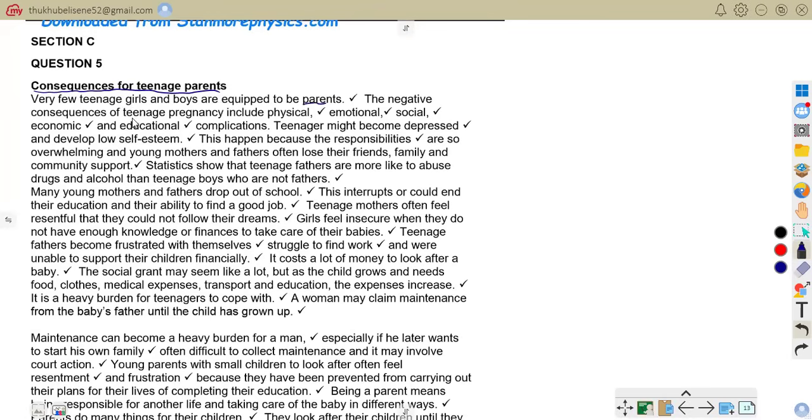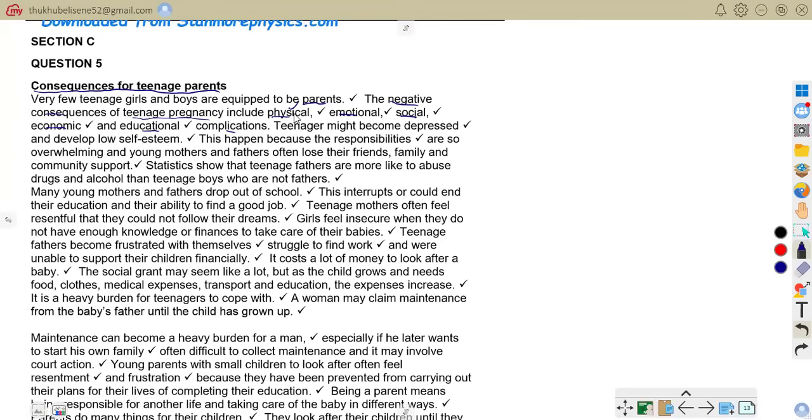The negative consequences of teenage pregnancy include physical, emotional, social, economic, and educational complications. So we're talking about the physical complications, whereby young mothers face health restrictions, pregnancy, and pain. That is the physical part that we're talking about.